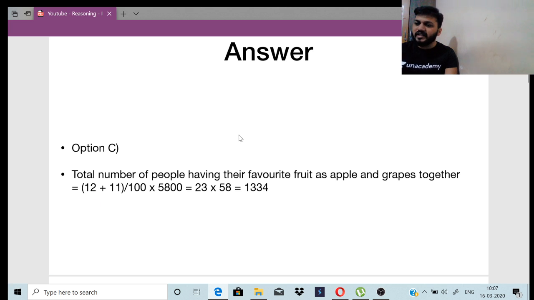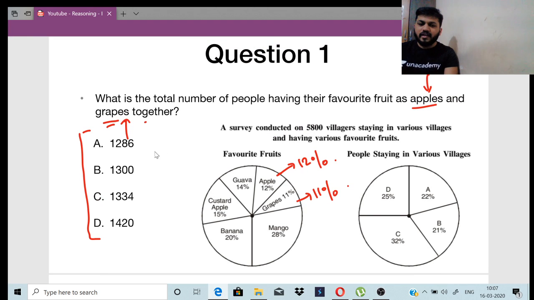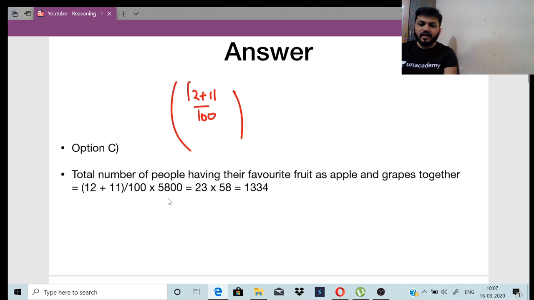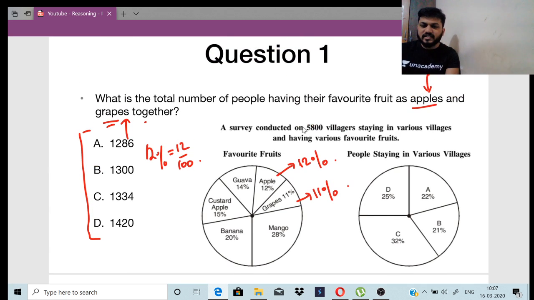So what percentages do we have? We have 12 plus 11 percent. How is a percentage written? 12% is written in fraction as 12 by 100. So it is 12 plus 11 by 100 into 5,800. How many villagers are there?